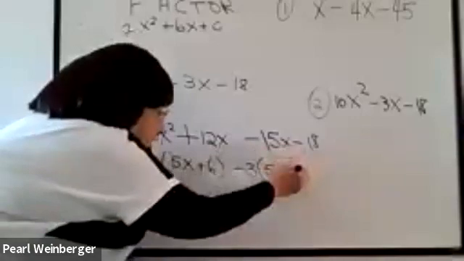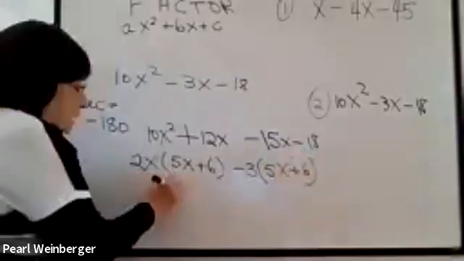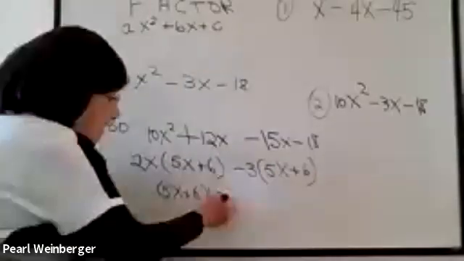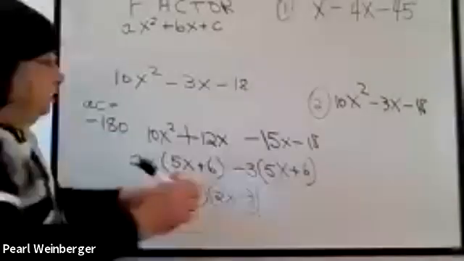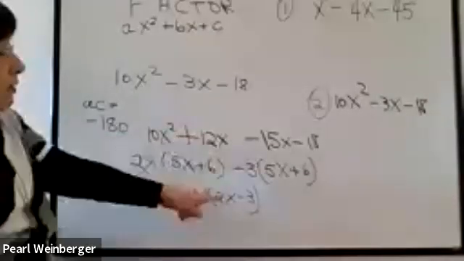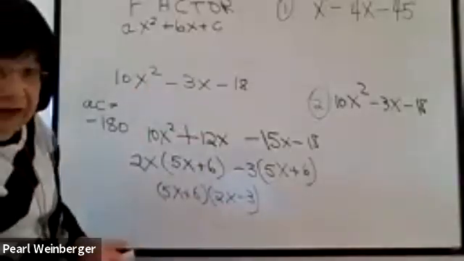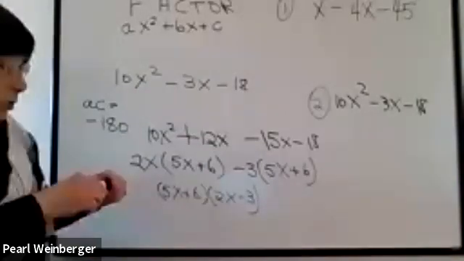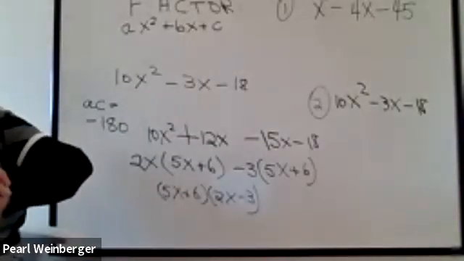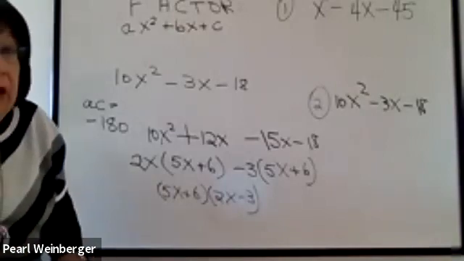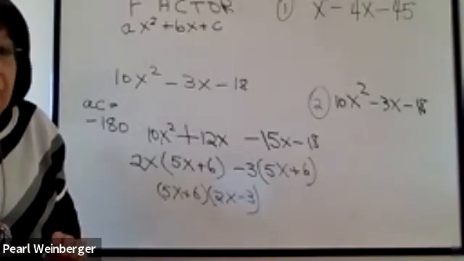So I get as my final answer 5x plus 6 in my first parentheses, and in my second parentheses I get 2x minus 3. If you had switched these, then you would have gotten this first and this second, but it doesn't make a difference. So now we're really at the point where we can do any kind of trinomial factoring.